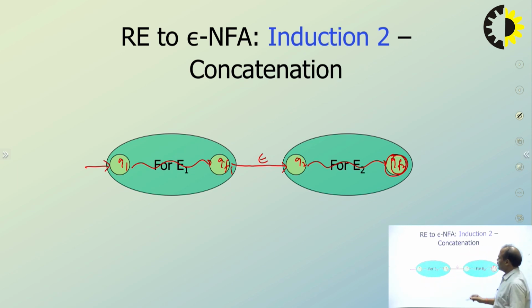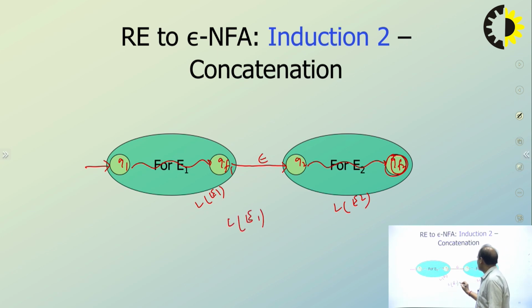Suppose this is accepting LE1 and this is accepting LE2. So this will accept LE1, epsilon, LE2, and epsilon is the same thing, so this is accepting E1 dot E2.